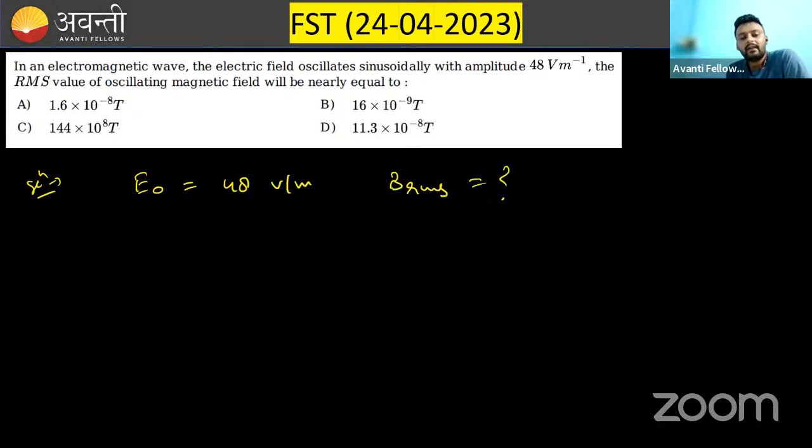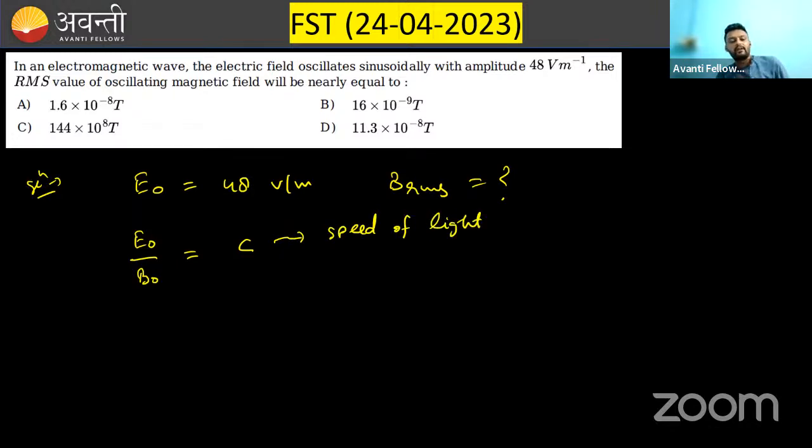So first of all, you should know that the ratio of the maximum values of the fields is C. C is the speed of light. This is the golden formula of the electromagnetic waves chapter. I hope everyone has studied that formula.